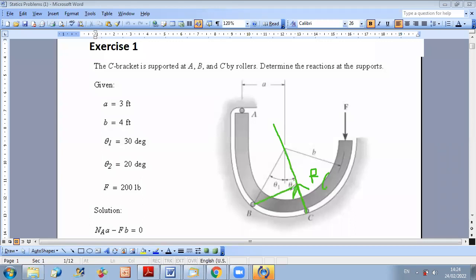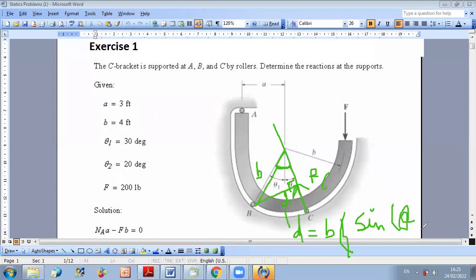This is the perpendicular, distance D. Since I know the value of this radius, B, and I know the total angle θ1 plus θ2, I can say that D is B times sine(θ1 plus θ2). Because it's easy geometrically to get the distance here, it's fine.